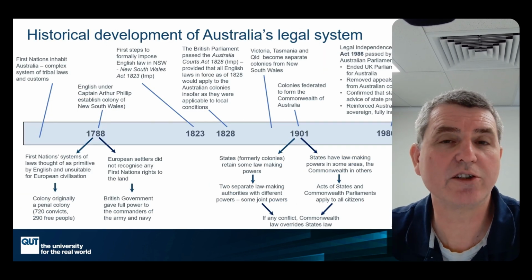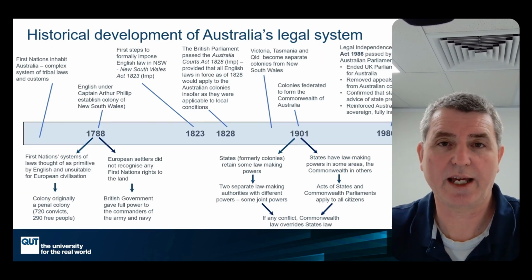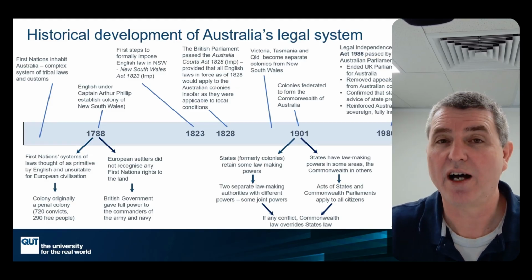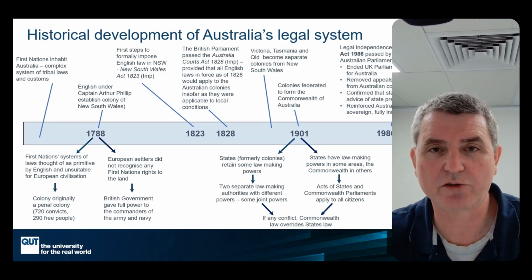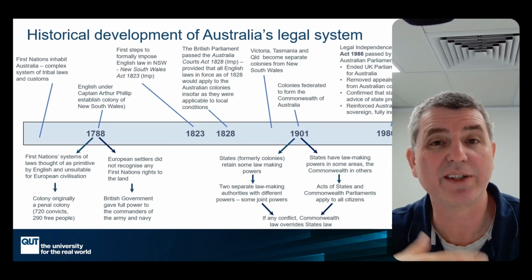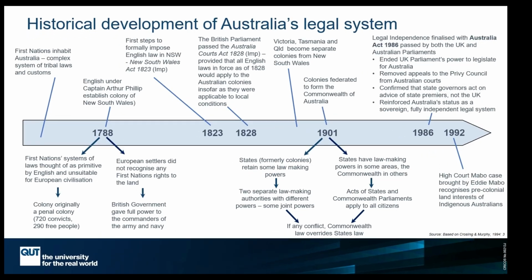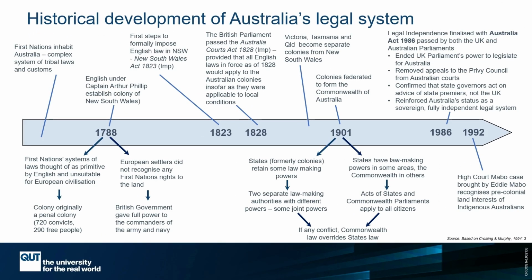So just as it's useful to understand how the common law system evolved, I think it's also useful to understand historically how the Australian legal system evolved and how we got to where we are. So, of course, any brief summary is not going to do justice to the complexity of what has occurred, and just gives you the main brushstrokes of the historical development of Australia's legal system.